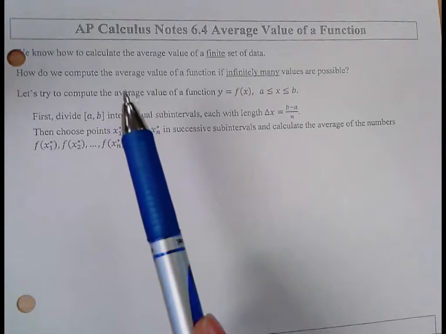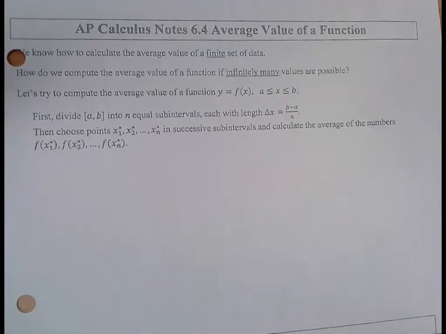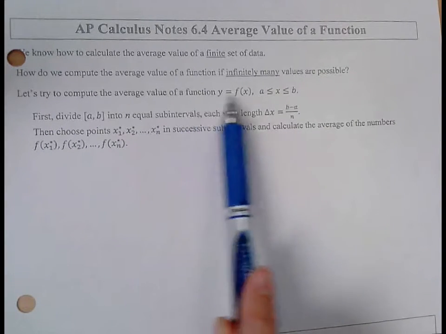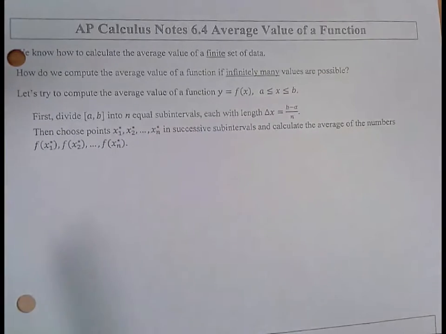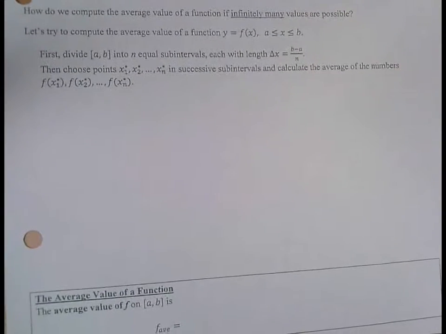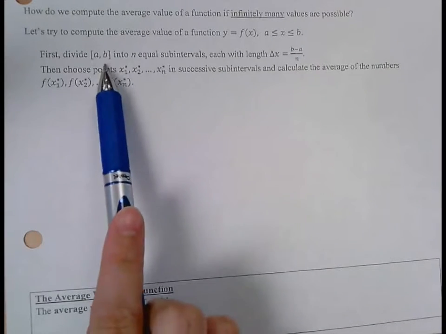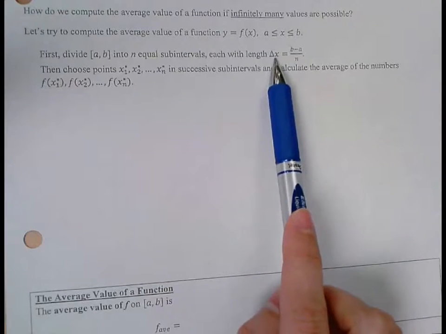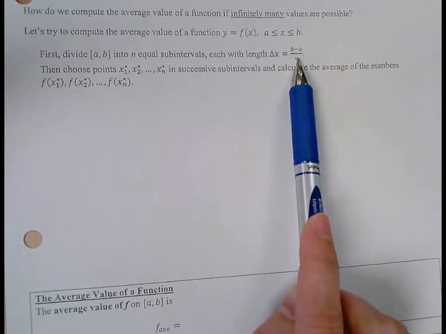This is where we are going to be using an integral, but I'm trying to set it up to show you why you use an integral. Let's try to compute the average value of a general function y equals f of x on a closed interval from a to b. We start out like we've started out areas and volumes. We first divide a to b into n equal subintervals, each with length delta x, so b minus a divided by n.